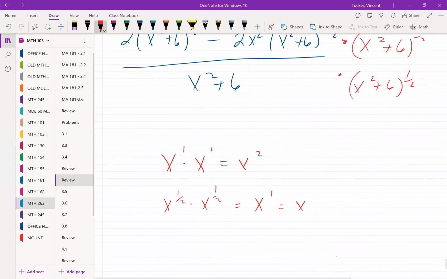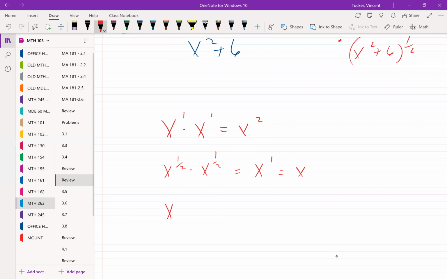Same thing as x to the negative third times x to the third: adding your exponents, it's x to the 0 power, and anything to the 0 power is 1. So these are exponent rules that I'm about to implement. That's why I'm going the route that I'm going. Let me erase this and go back up.